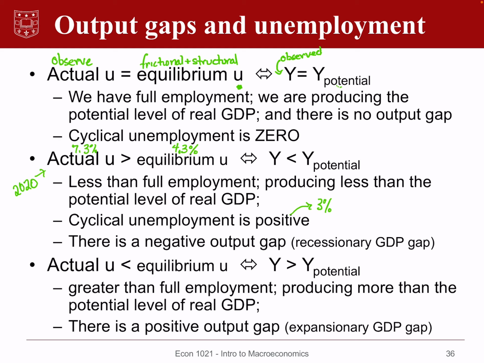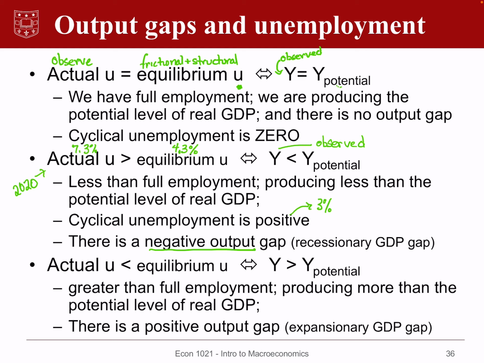And we would also say that we have a negative output gap. So specifically, the observed level of gross domestic product is less than what we're capable of, or what our potential level is. And sometimes this negative output gap is referred to as a recessionary GDP gap, but we're going to refer to our output gaps as just being positive or negative in this course.